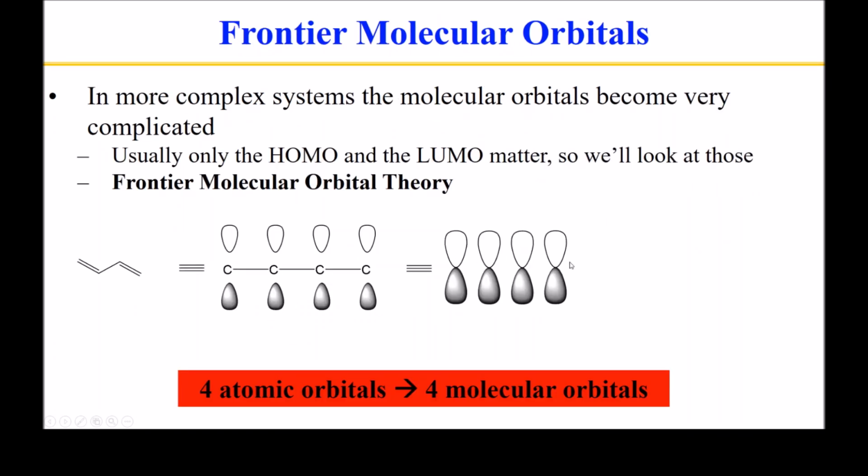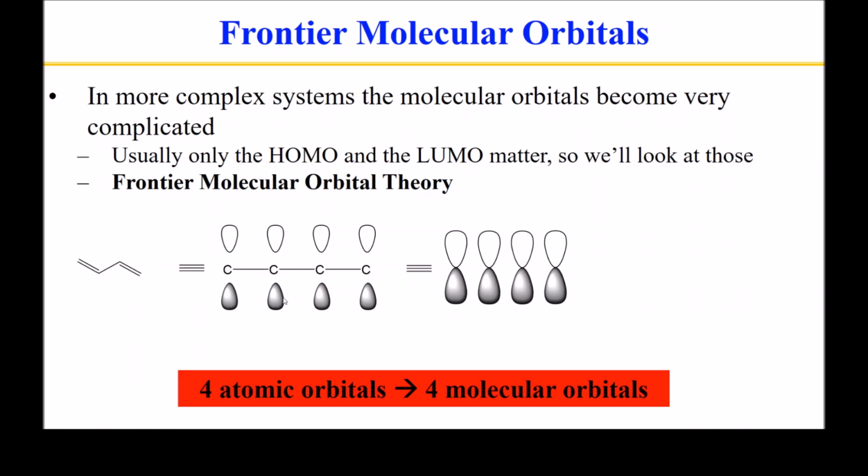And this system right here is a conjugated system where electrons can move freely across the top because all of these orbitals are in phase with each other, and they can move freely across the bottom because those orbitals are in phase with each other as well. What I have shown you, though, is only one of the molecular orbitals that are produced by this 4 p orbital system.